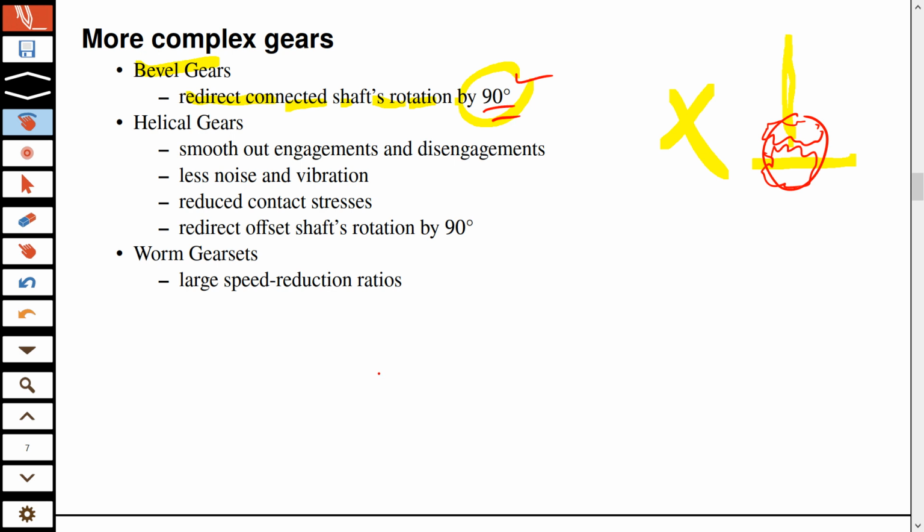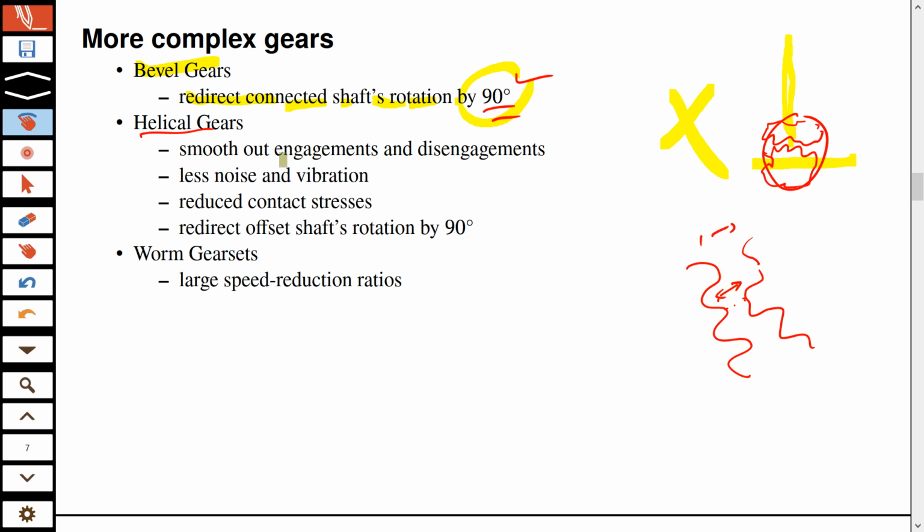Okay, then there are helical gears. Now the problem with all the gears discussed so far is that, if these are teeth on two sides, because of this simple shape, they will engage with one another and then they will disengage.